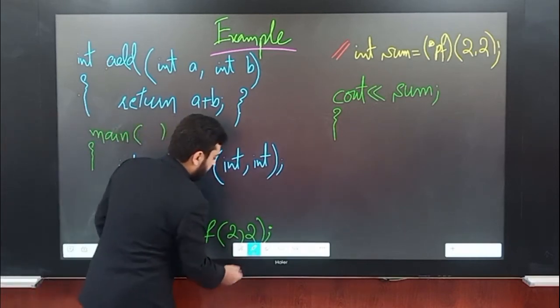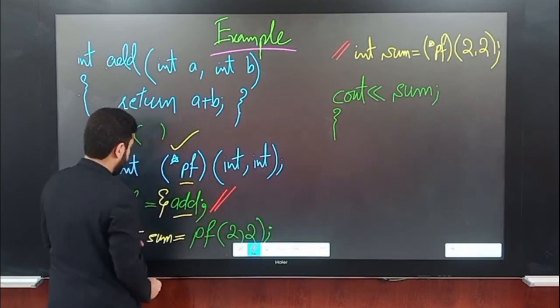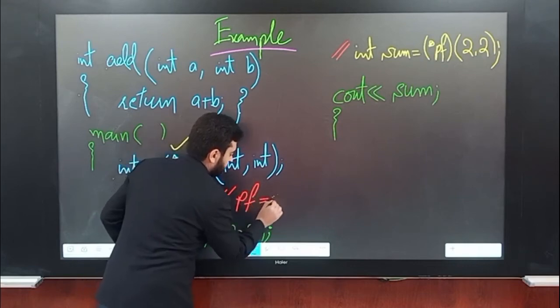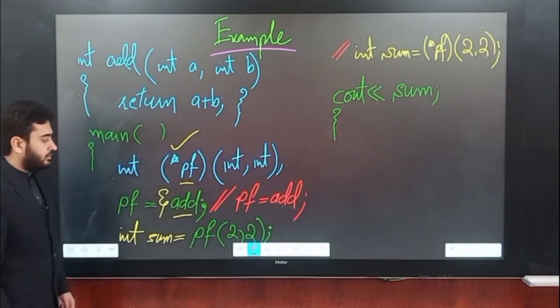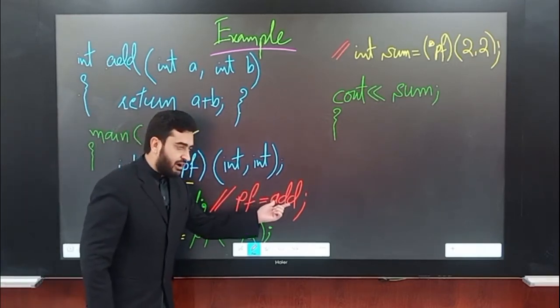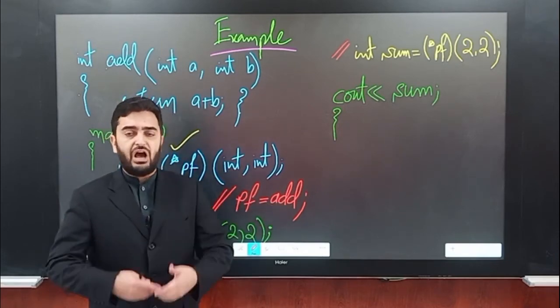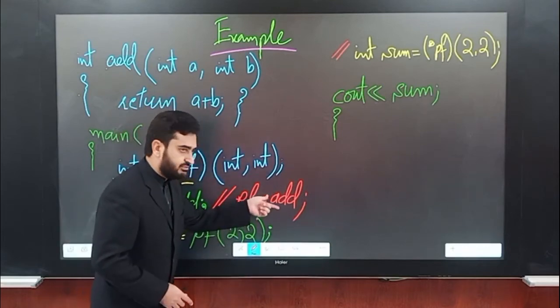You are also allowed to write pf is equal to add. So you have an option to write down the name of the function and not write the ampersand sign in the prefix of the add function.